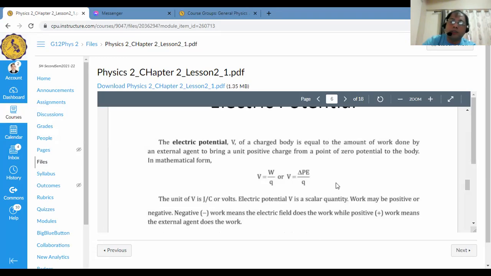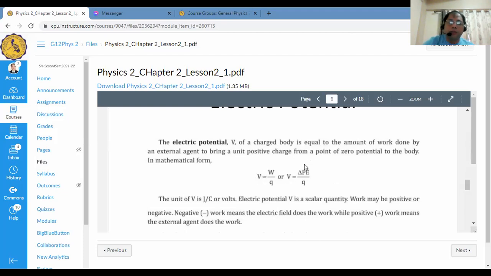Well, the same way with charges. When charges are being moved, you are actually doing some kind of work there. So work over charge, or joules per coulomb, is equivalent to a unit called voltage, or volt. So electric potential is denoted in terms of a unit called volt.